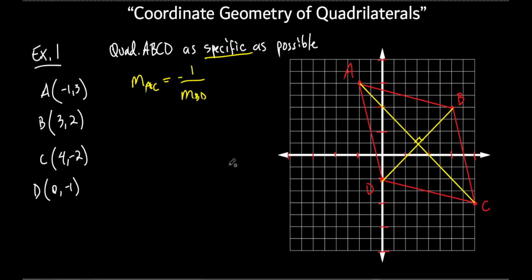If they're negative reciprocals of each other, then those two lines are perpendicular. If they're perpendicular diagonals, that means ABCD has got to be a rhombus. That's what we're trying to do.